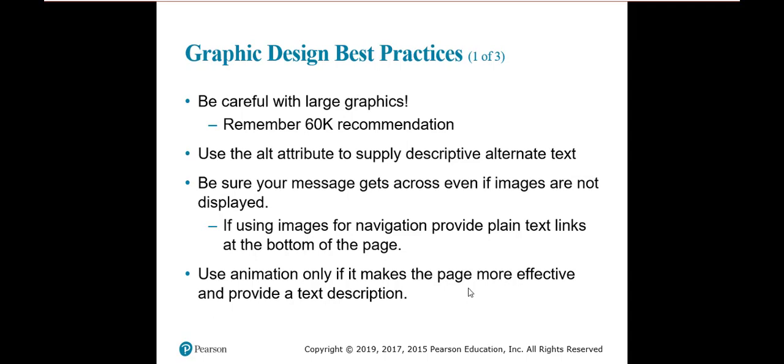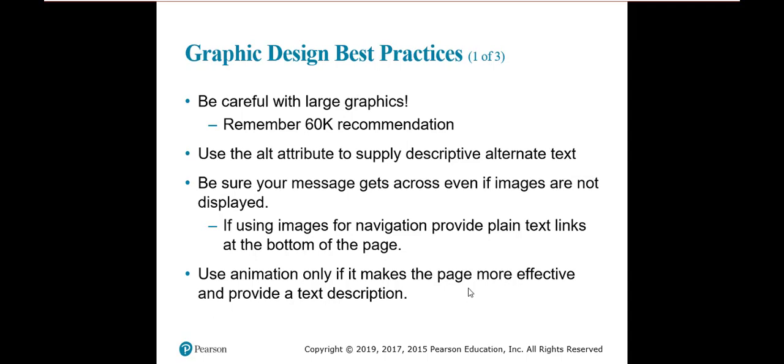Always provide the alternate text, right? I'm repeating these things. Be sure your message gets across even if images are not displayed. So if you provide the alternate text, that's going to sort out your problem. Use animation only if it makes your page more effective. Maybe you are considering an audience like senior citizens, they do not like any kind of complication on web pages, so do not provide that.